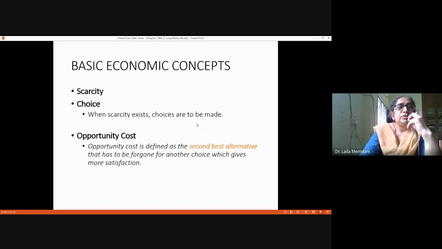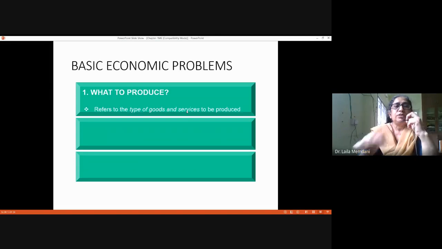Then the opportunity cost of this job is the 25,000 which you have sacrificed. Like you have taken admission in MBA over here, the opportunity cost is the job which you have sacrificed. Or maybe you may be interested in doing MBA from somewhere else, then that is your opportunity cost. So the next best alternative, which is sacrificed or foregone, is nothing but the opportunity cost.